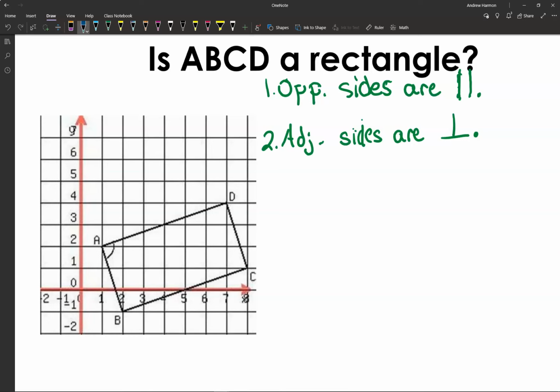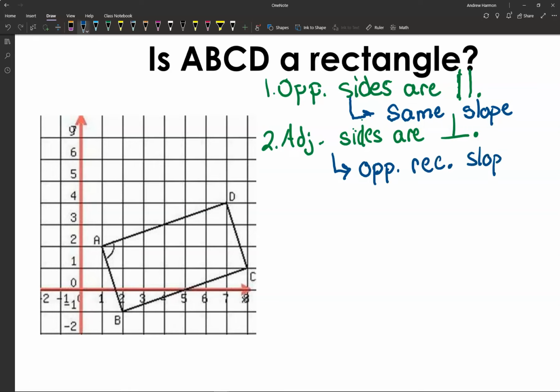So remember, to show that opposite sides are parallel, we need to show that they have the same slope, and to show that adjacent sides are perpendicular, we need to show that those sides have opposite reciprocal slopes.